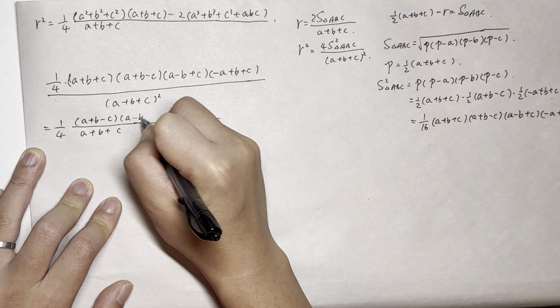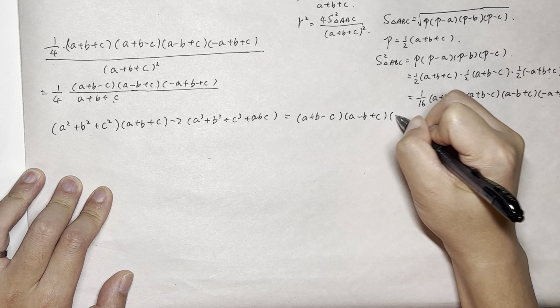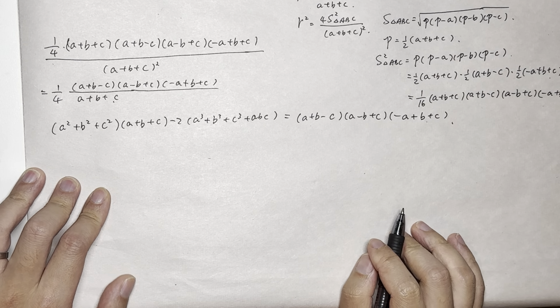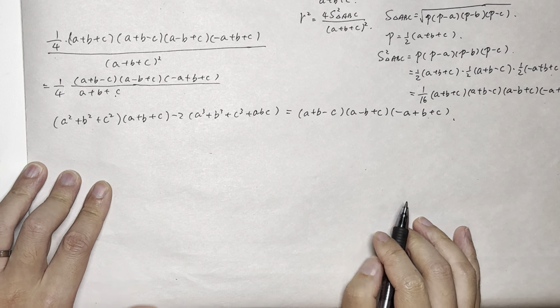Look at these two. We just need to prove that (a squared plus b squared plus c squared) times (a plus b plus c) minus 2(a to the power 3, b to the power 3, c to the power 3, abc) equals (a plus b minus c)(a minus b plus c)(minus a plus b plus c), right? This, we don't know. We just want to prove this one.